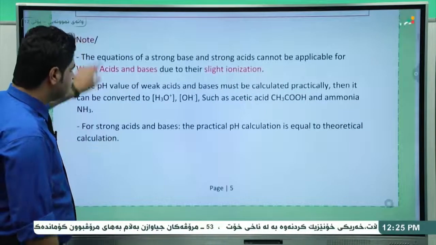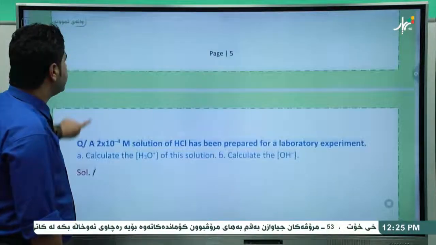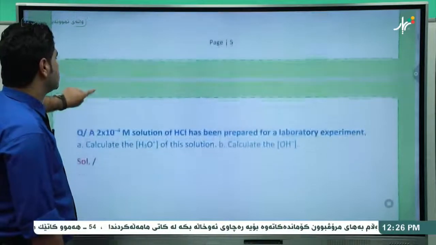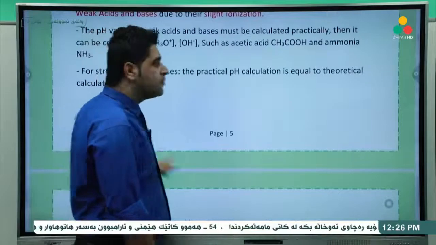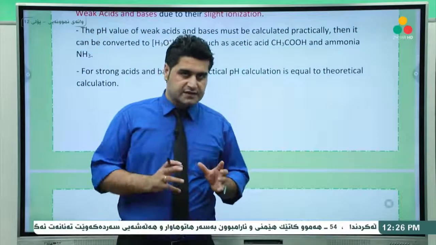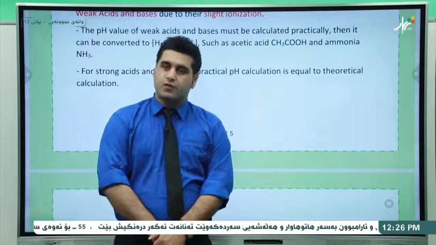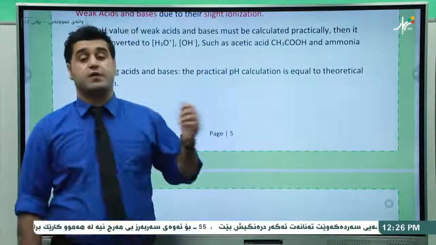Well, we've learned all of those things, but why is it only for strong electrolytes? Because we don't know how many ions we can get in aqueous solution of weak electrolytes, of weak acid and weak bases. That's why it's not applicable for weak acid and weak bases.